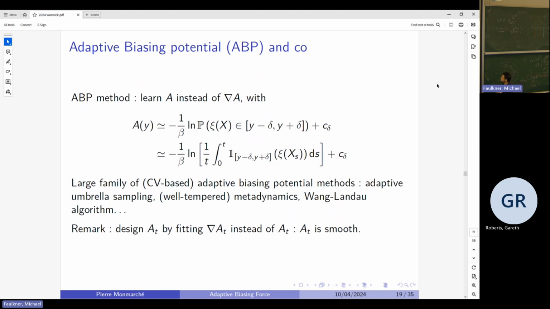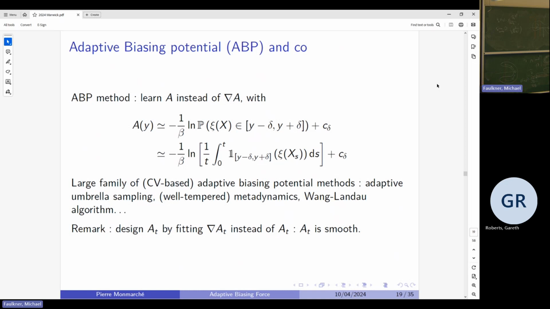So we have many names, and the Wang-Landau algorithm can somehow be interpreted in this family when you choose the collective variable to be just the energy itself.